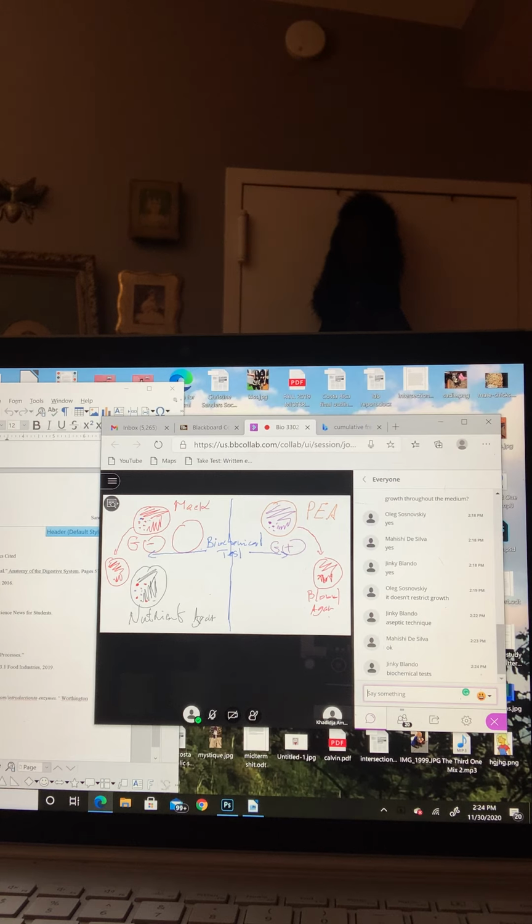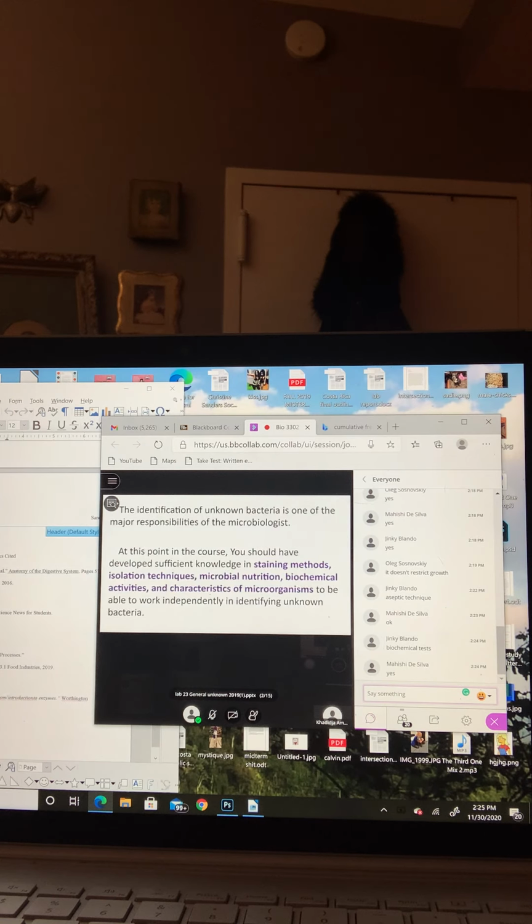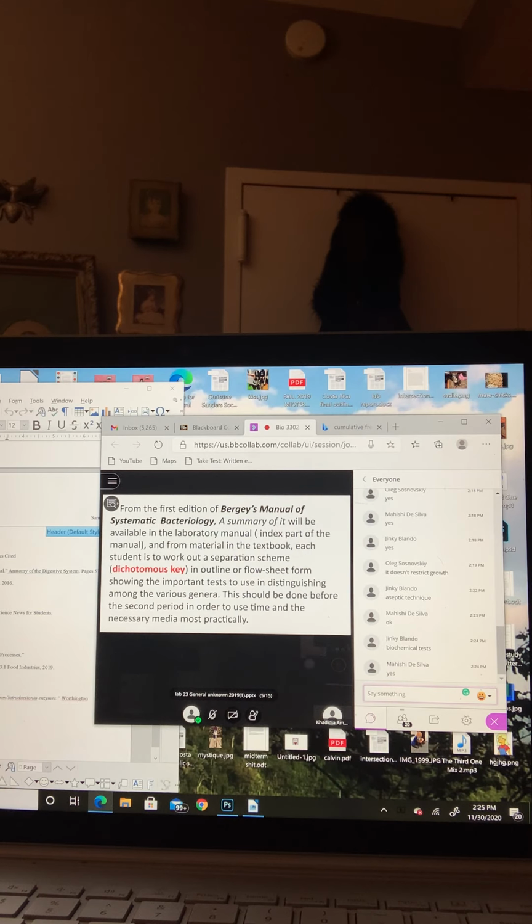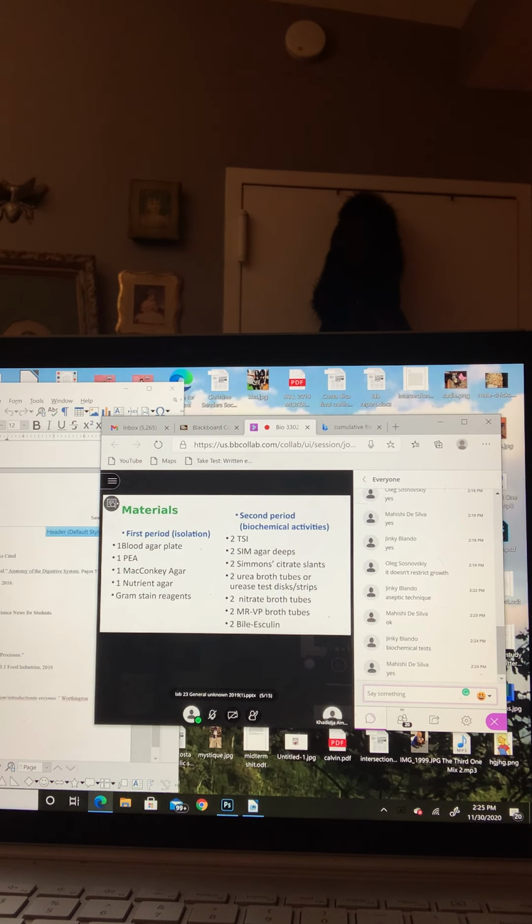Yes or no? Okay, good. So come back to our slide. This is the first period we did, checking and staining our microorganisms.